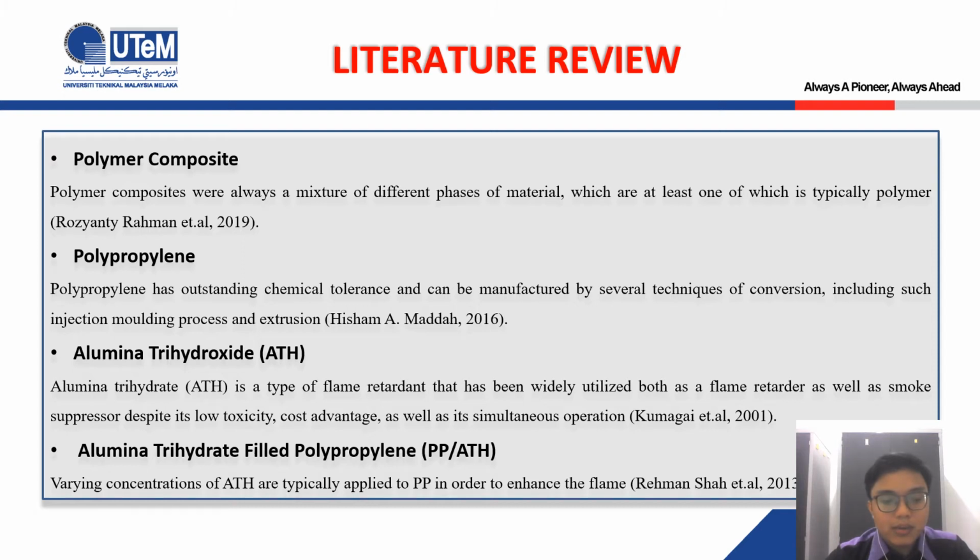Madah, 2016. For alumina trihydroxide, alumina trihydroxide is a type of flame retardant that has been widely utilized both as a flame retardant as well as a smoke suppressor, despite its low toxicity, cost advantage, as well as its simultaneous operation, published by Kumaga et al., 2001.